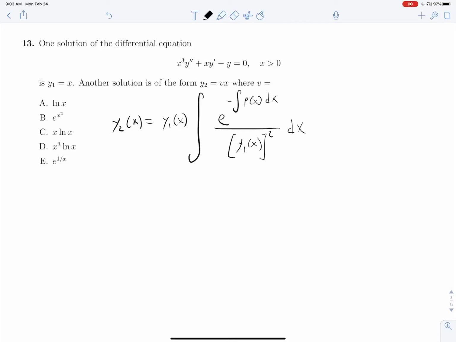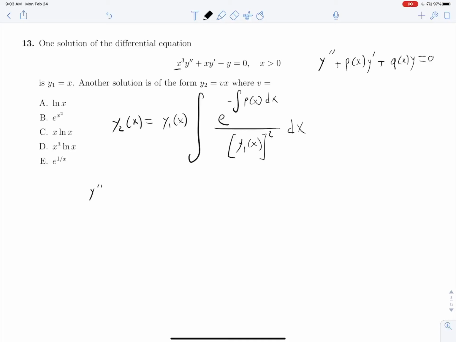So we need to figure out what our p of x is. That's going to be coming from our equation that's in the form y double prime plus p of x y prime plus q of x y is equal to 0. So we're going to have to divide out this x cubed.